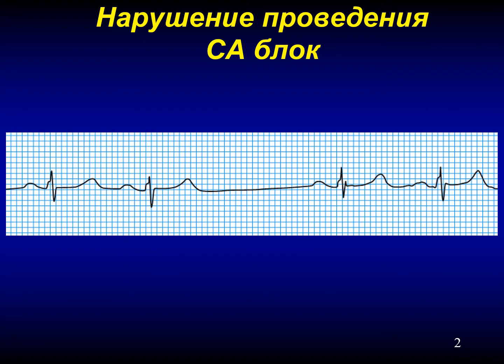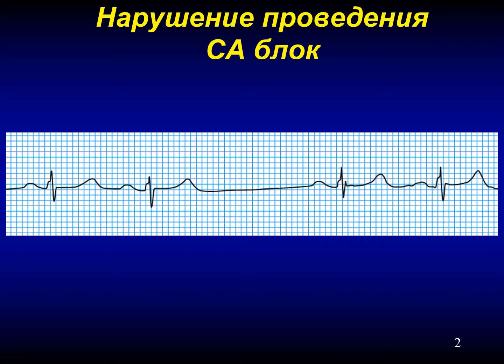Sinus node blockage. It's the simplest variant. In this case, the electric impulse from the sinus node can't go to the atriums. We have a normal PQRS complex for the electric impulse that passed from the sinus node.